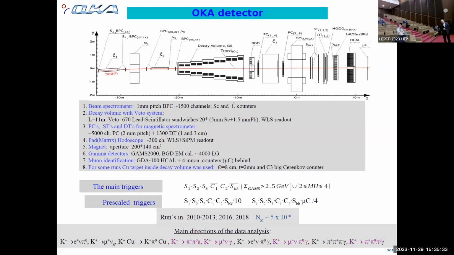It is based on large area proportional chambers and drift tubes. Then there is an electromagnetic calorimeter. Another one, for large angle photons, is just after the decay volume, and there is also a hadron calorimeter and muon counters to identify muons. So we use some very simple triggers. It's almost minimum bias, but with some extra requirement of energy deposit in the electromagnetic calorimeter.